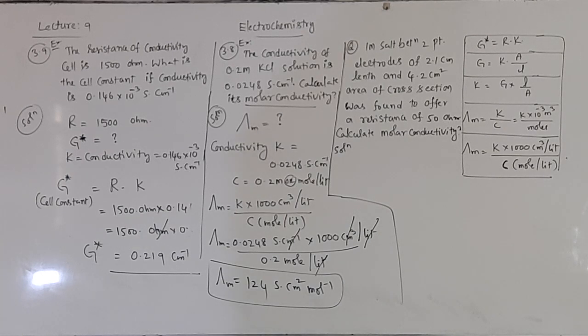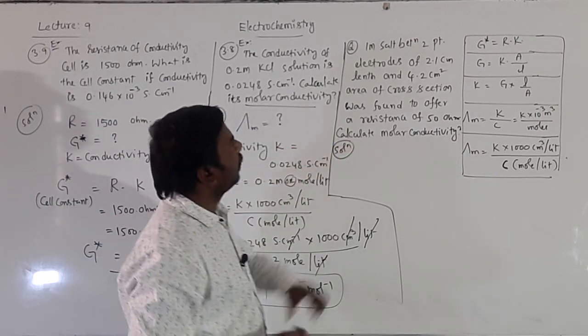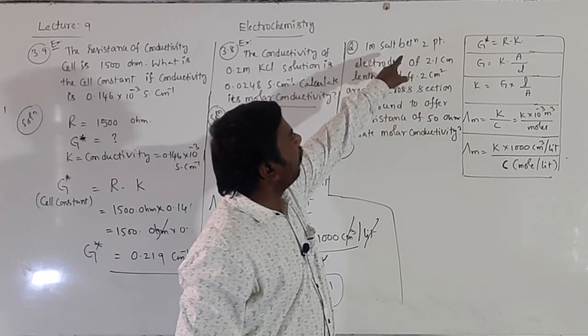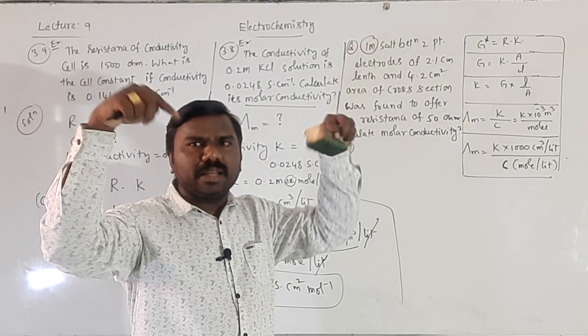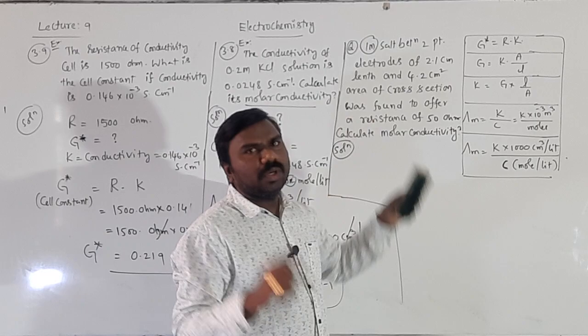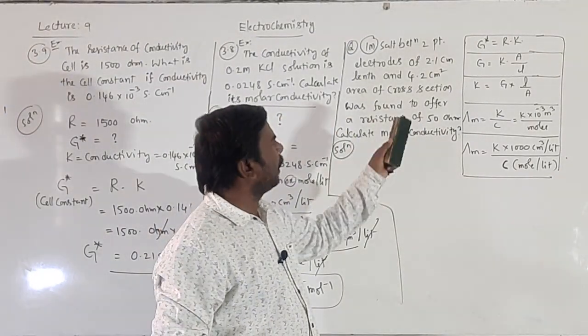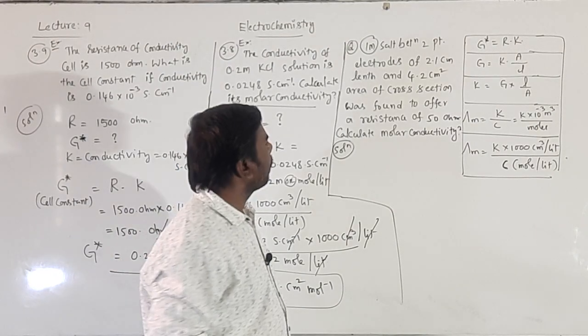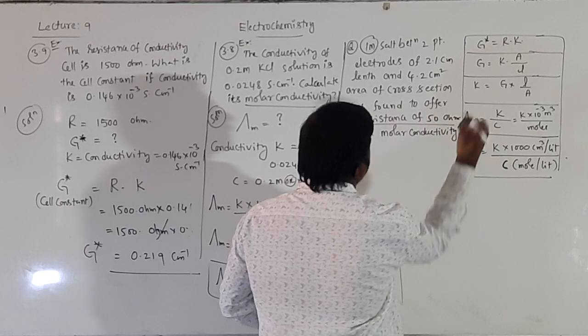Okay, next problem. A 1 molar salt solution between 2 platinum electrodes, length will be 2.1 and area of cross section will be 4.2 centimeter square. The resistance given is 50 ohms.